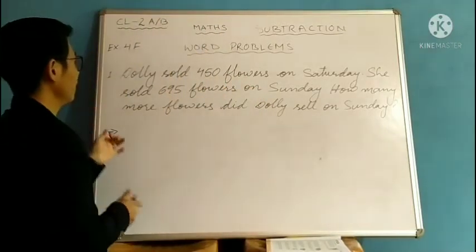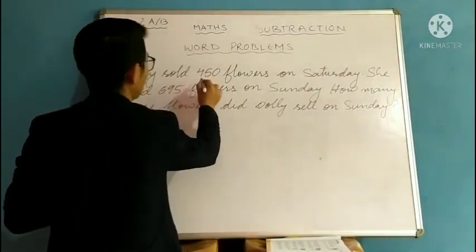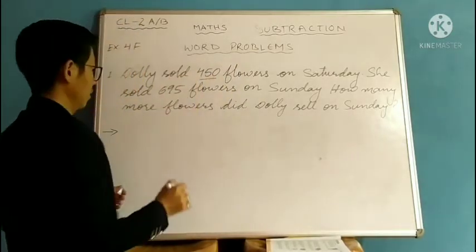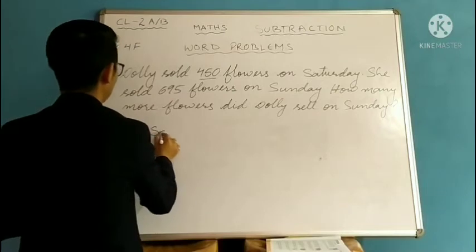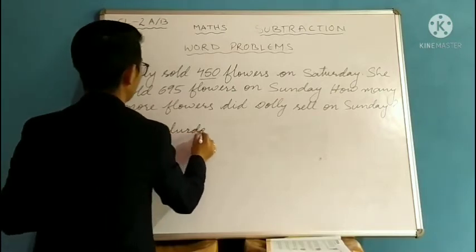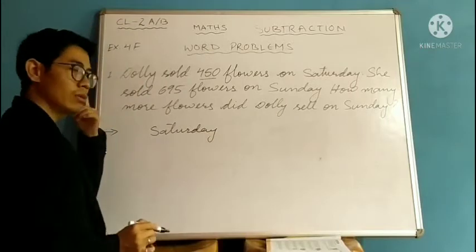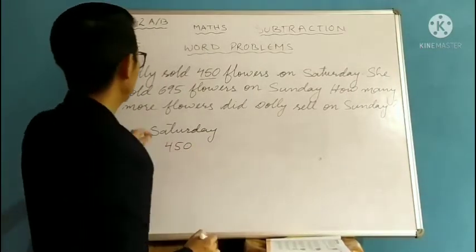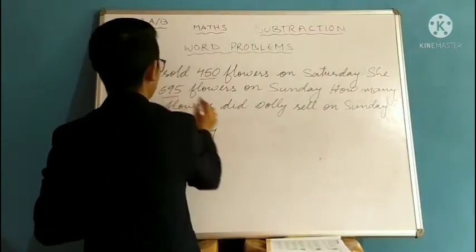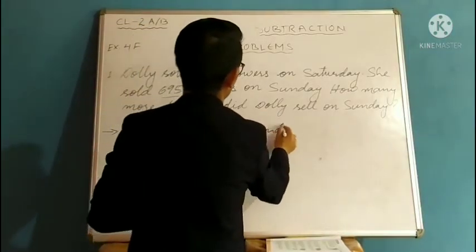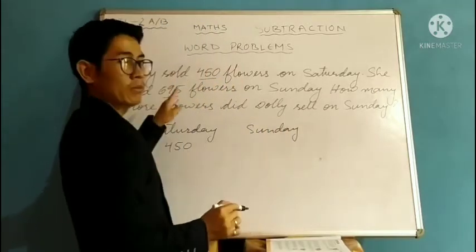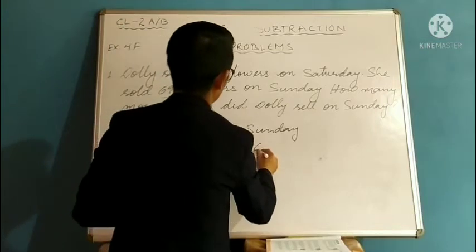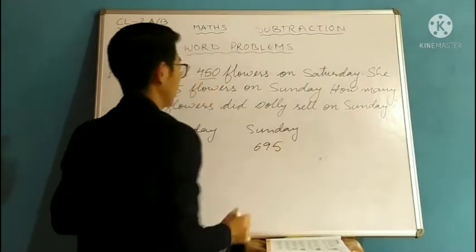So you can see the number of flowers that were sold on Saturday. Let me write Saturday. The number of flowers sold was 450, right? Now on Sunday, the number of flowers that were sold is 695.